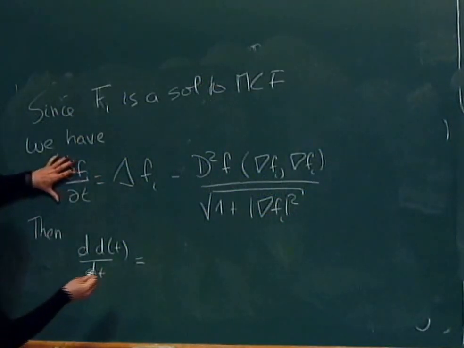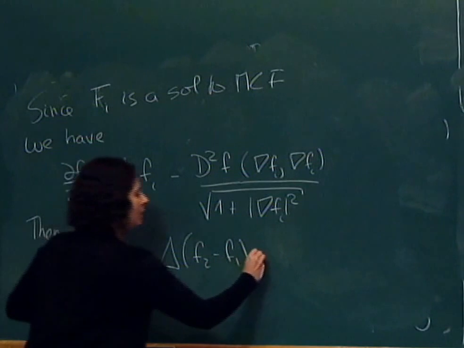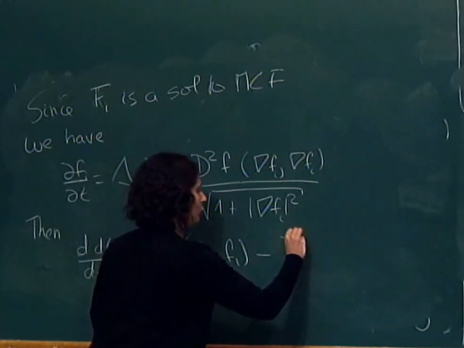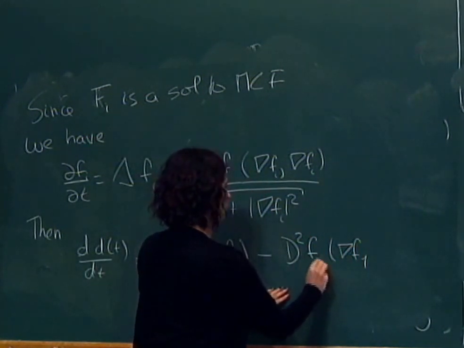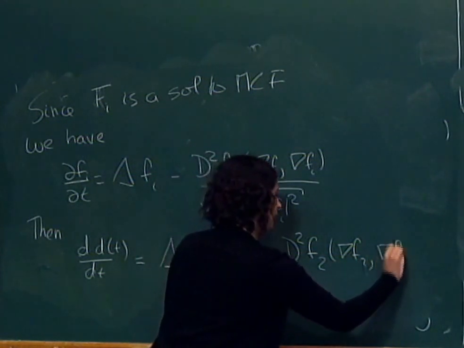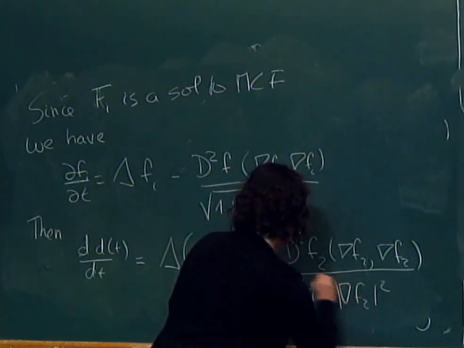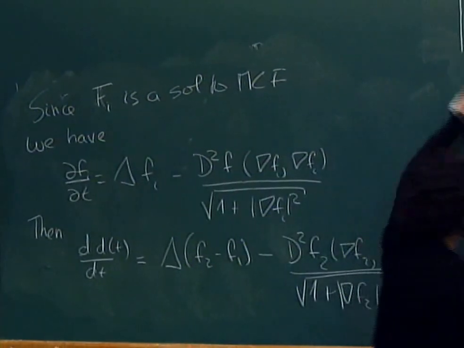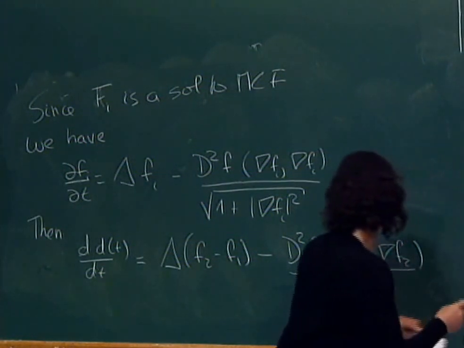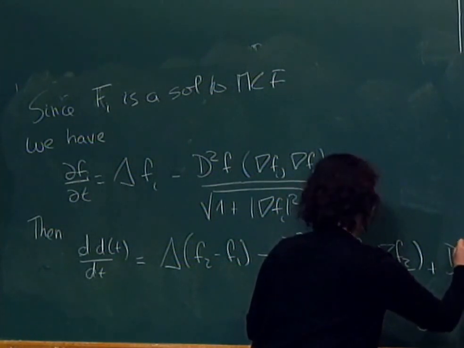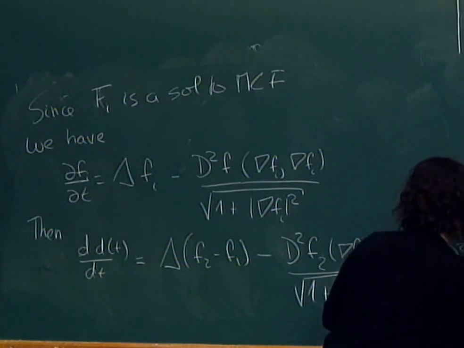Maybe it's not a very good choice, actually, come to think of it. Okay, so from this equation here, I have that this is the same as the Laplacian of f2 minus f1, minus the second derivative d2 of f1 against the gradient of f1, the other way around, because the 2 is the... plus d2 of f1, f1, f1.